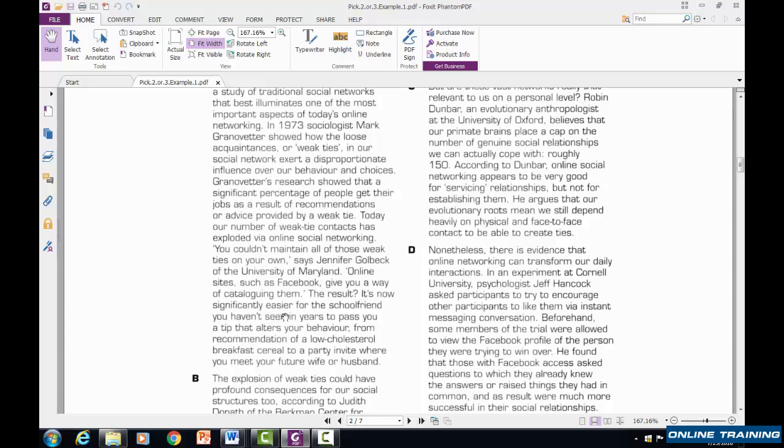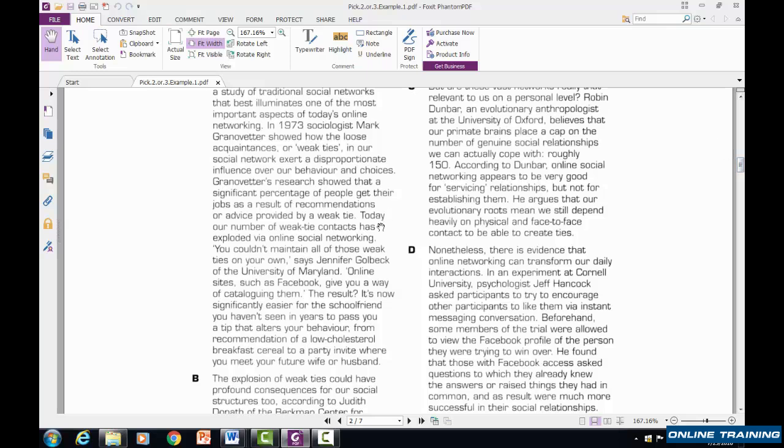It's now significantly easier for the school friend you haven't seen in years to pass you a tip that alters your behavior from recommendation tree. So this is talking about the ability to meet your future wife or husband. So it's talking about being easier to be in contact with each other.